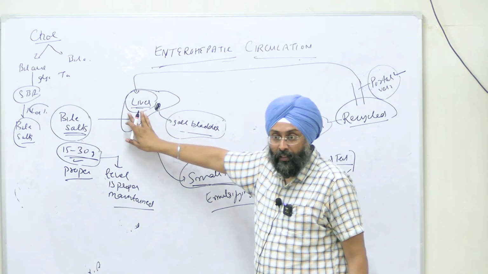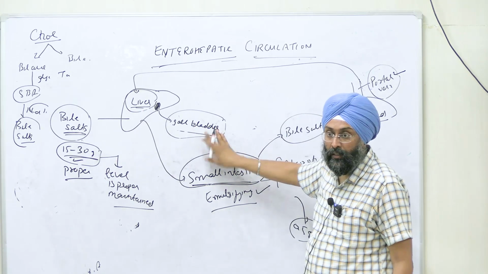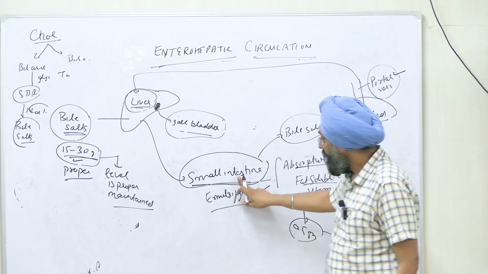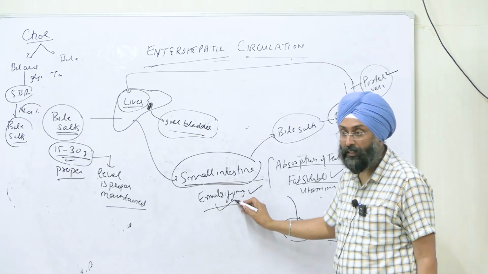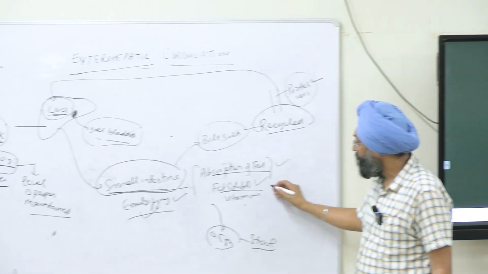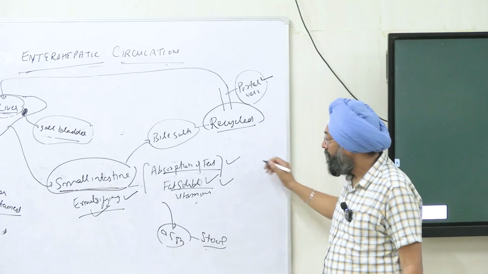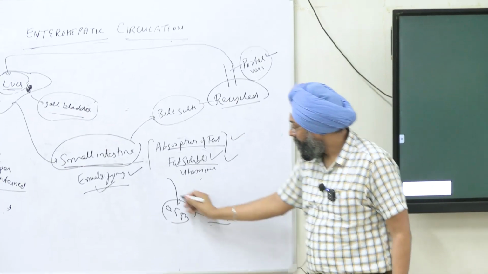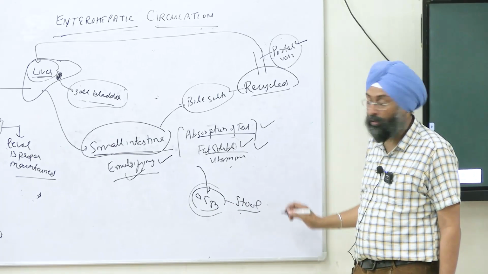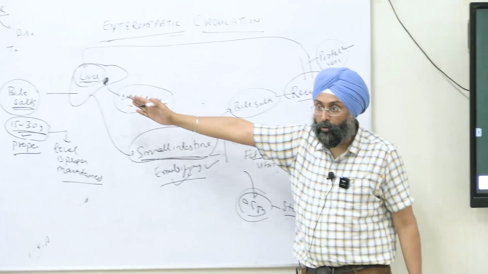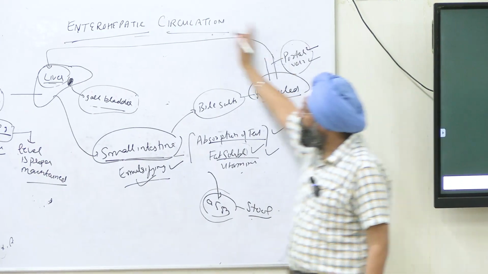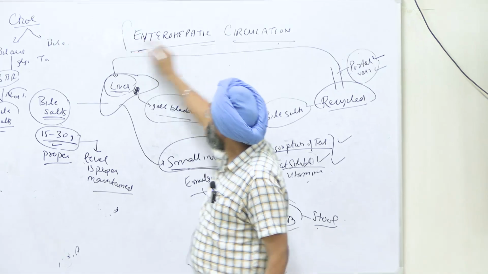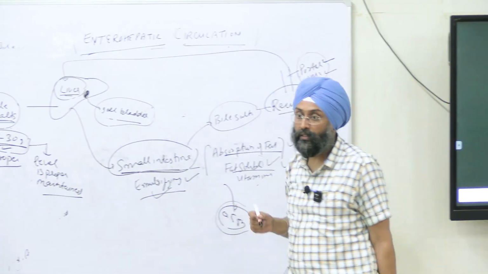Made in the liver, stored in the gallbladder, they come into the small intestine. Here they act as emulsifying agents and help in absorption of fat-soluble vitamins, right? After use, 0.5 gram of them is lost in stool. Later they are recycled back into the liver via the portal vein, and this complete process is enterohepatic circulation, right?